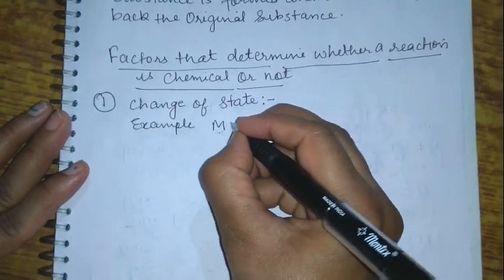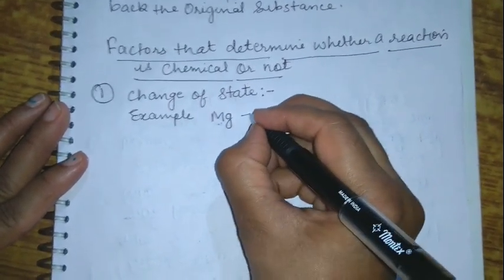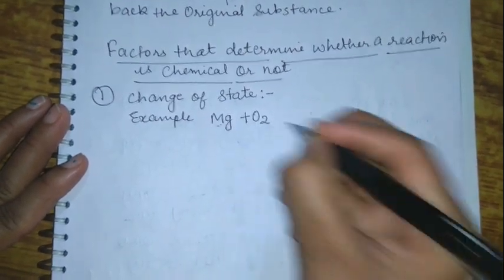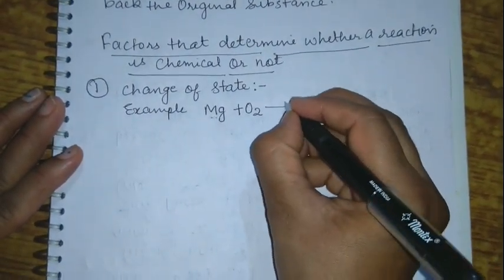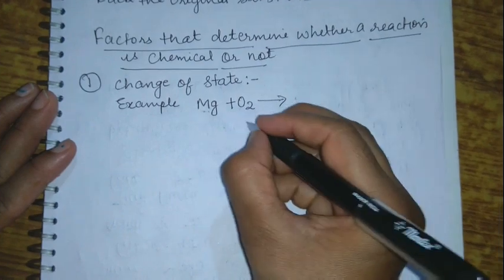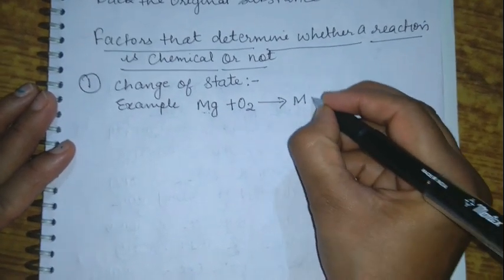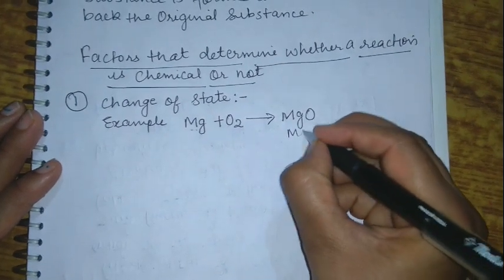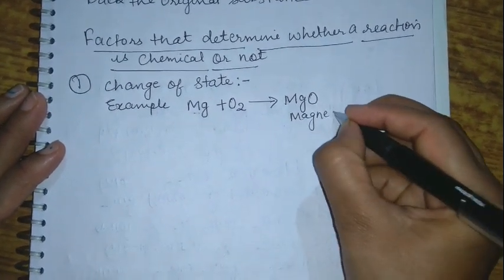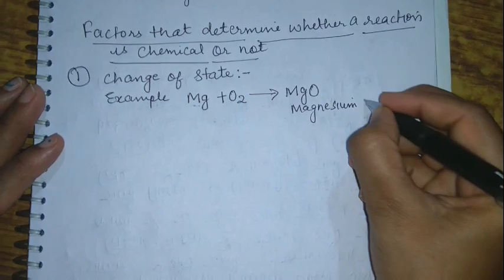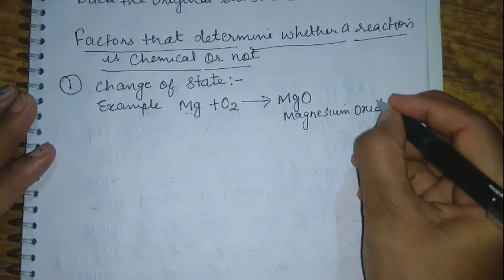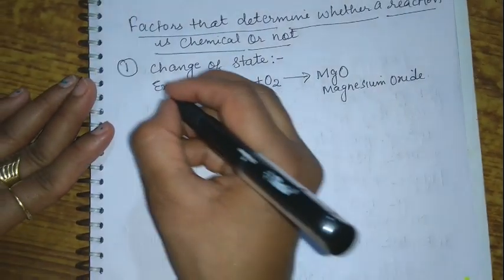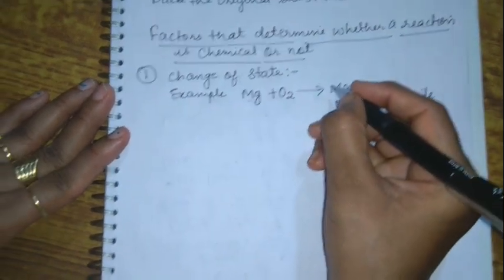When magnesium ribbon जब हीट की जाती है in the presence of oxygen, it burns and give a powdery substance of magnesium oxide. बर्न होके मैग्नीशियम ऑक्साइड का पाउडरी सब्सटेंस मिलता है. Such a reaction shows the change of the state.